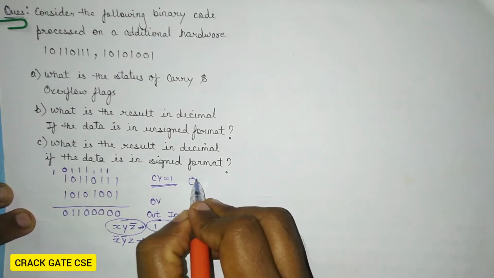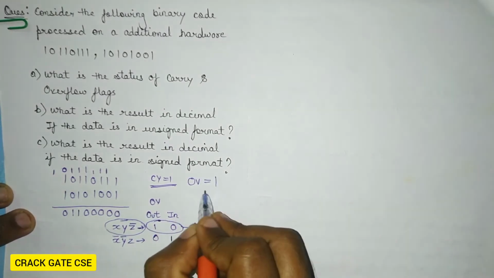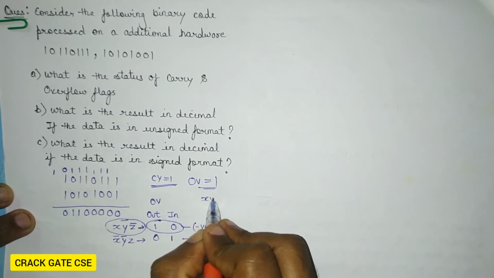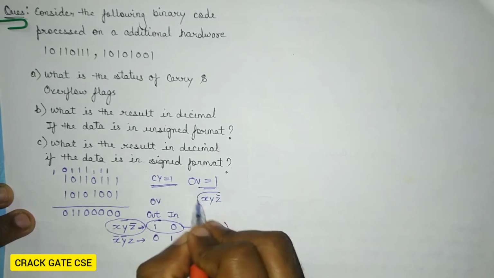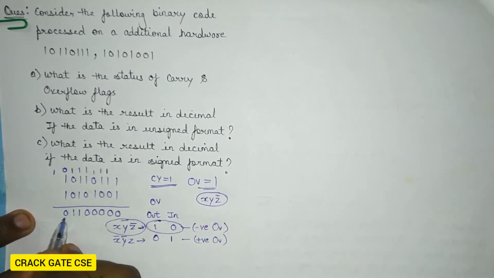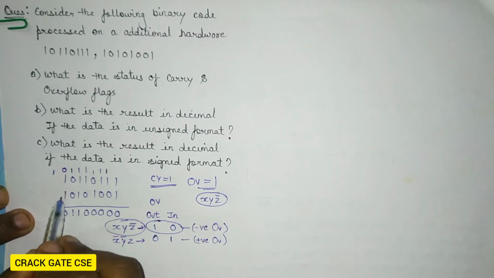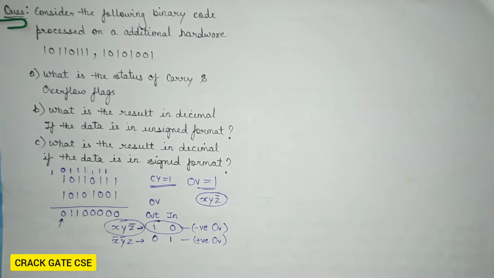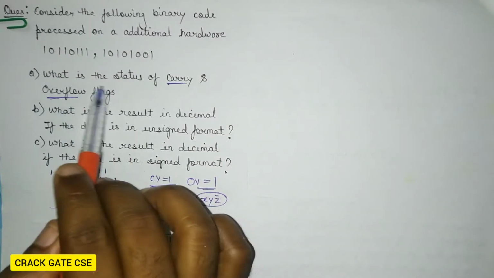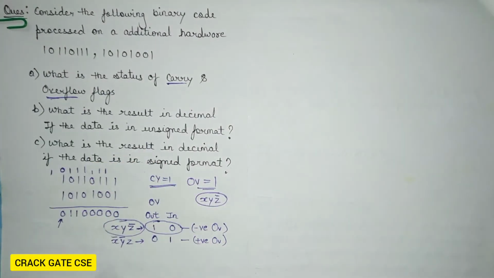What is the status of the overflow flag? It is 1. The condition is X Y Z bar: this Z is 0, that's why it is Z bar, and X and Y are 1, so there is no bar on them. So we answered the first part: the status of carry and overflow is 1 and 1.